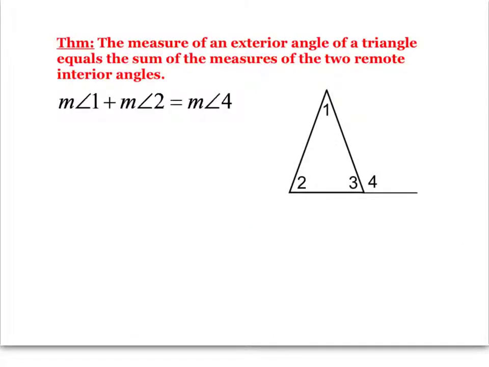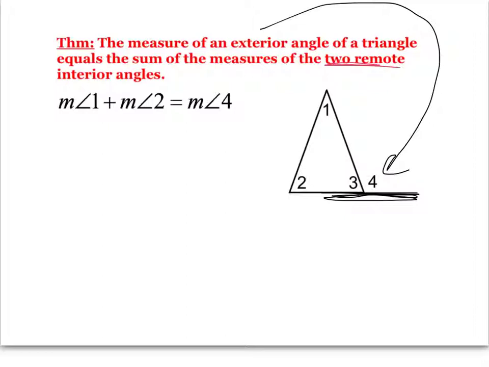So what we've just proven is called the exterior angle theorem, and I've written it in words here, and what it says in words is that the exterior angle of a triangle, in other words an angle that's formed when we extend a side of the triangle, that's called an exterior angle, is equal to the sum of the measures of the two remote interior angles.